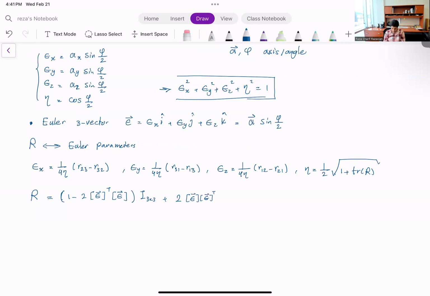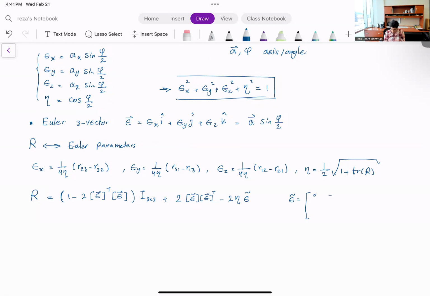This one is a 3x3 matrix, minus 2 eta epsilon tilde, where tilde on a vector denotes a skew symmetric matrix.